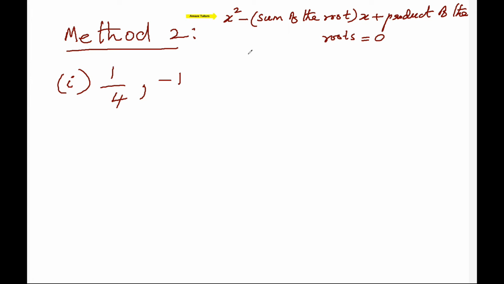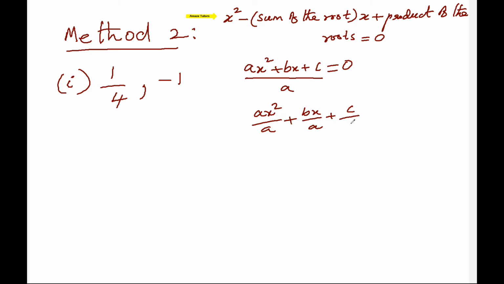I'll tell you how we can derive this from the standard form. Ax squared plus bx plus c is equal to 0. This is the standard form of a quadratic equation, right? Now I'm going to divide everything by a. When you divide by a, I can separate the denominator for each term like this. Now a gets cancelled.